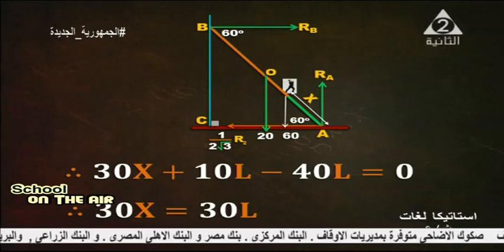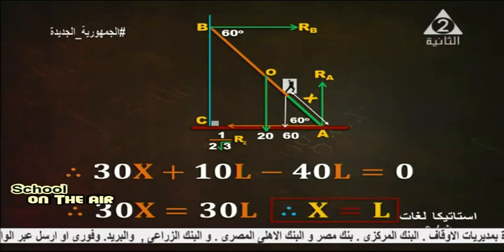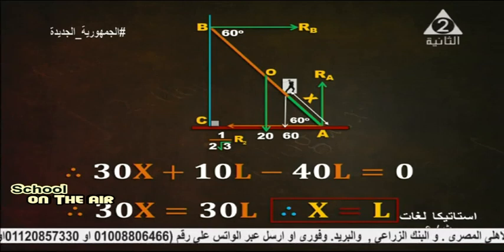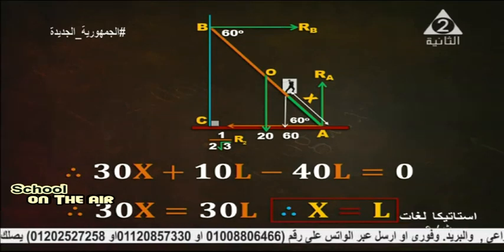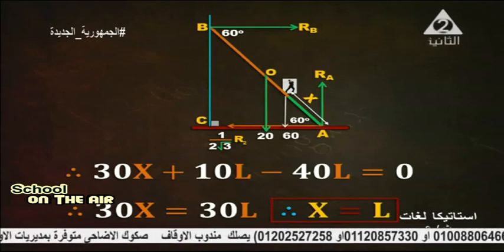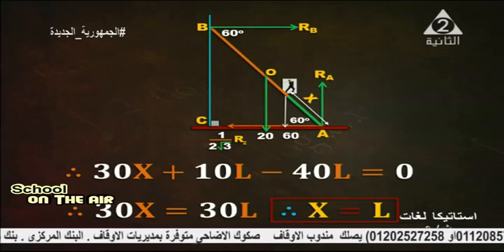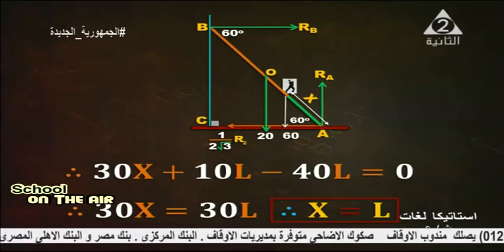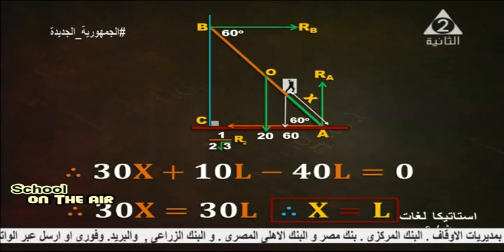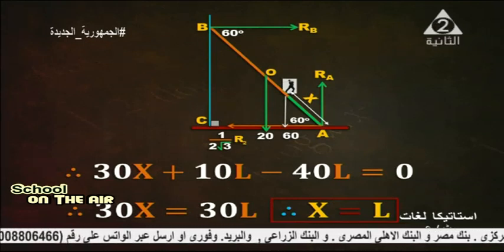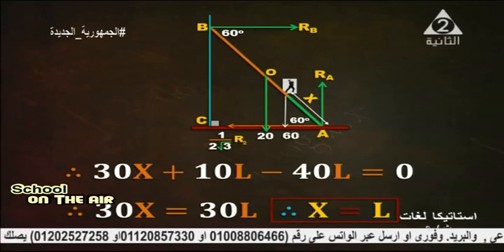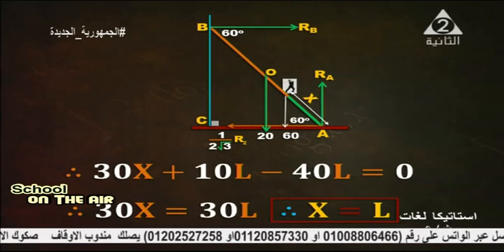What do you mean? x equals L. Therefore, a man of weight 60 kilogram ascends the ladder a distance equal to half the ladder. When he ascends, he must ascend half the length of the ladder.